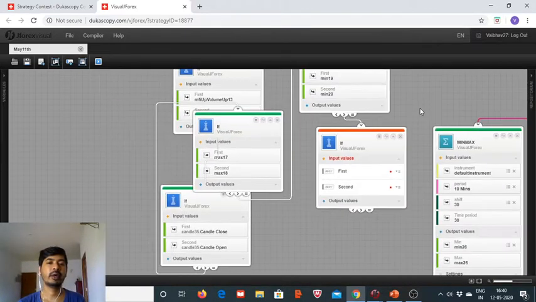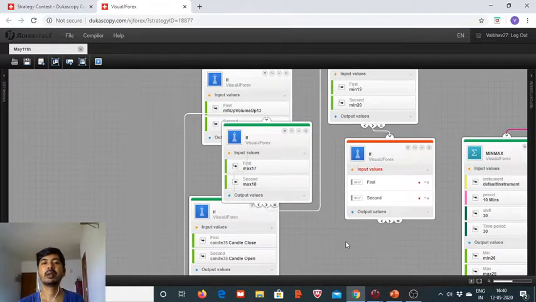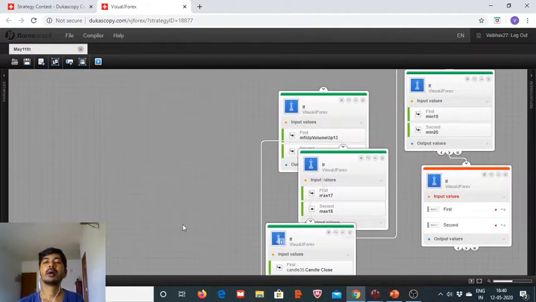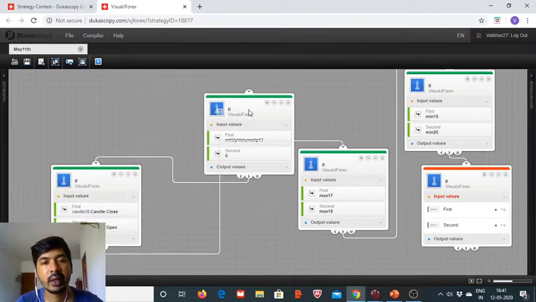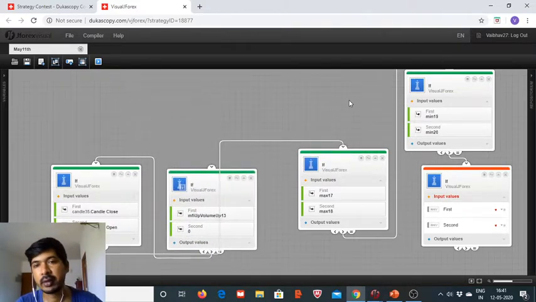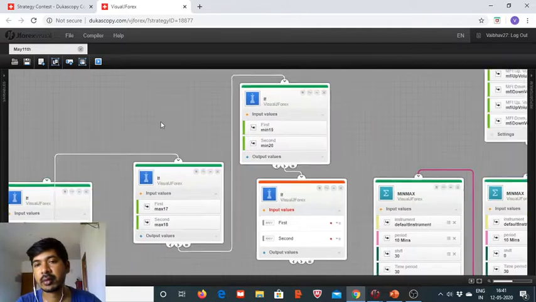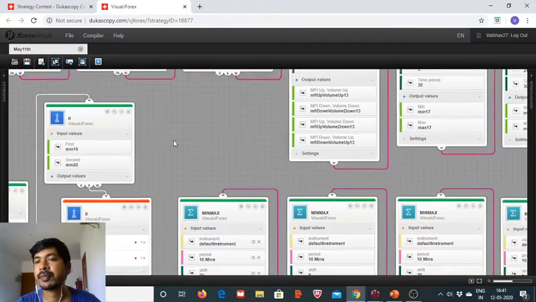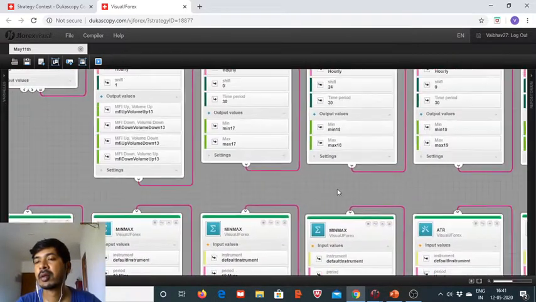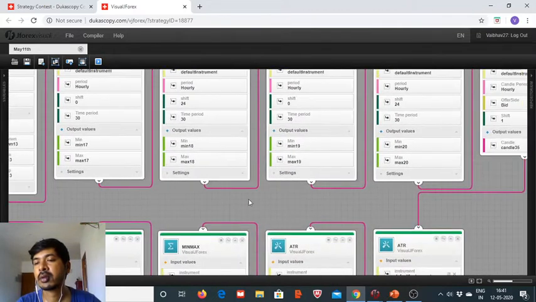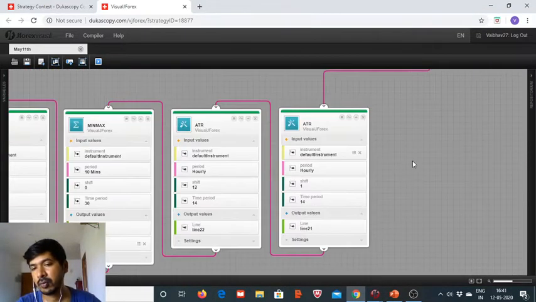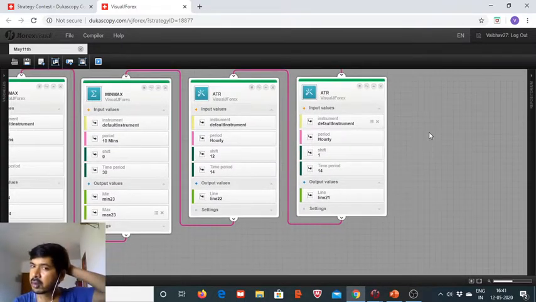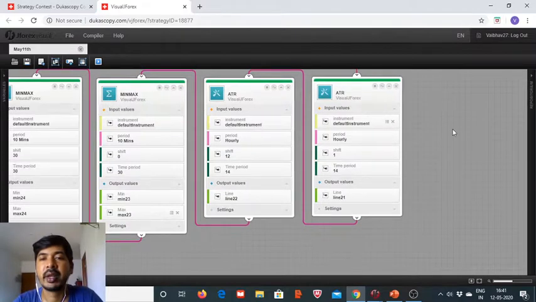So far we have defined the min-max conditions and the historical candle data and the MFI requirement. So that looks good. Now we also need to compare the ATR values.